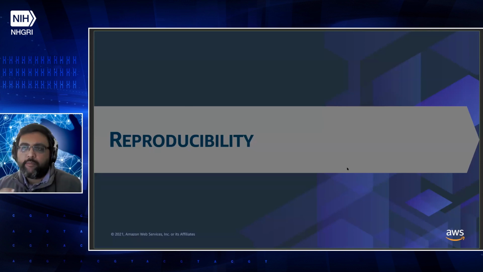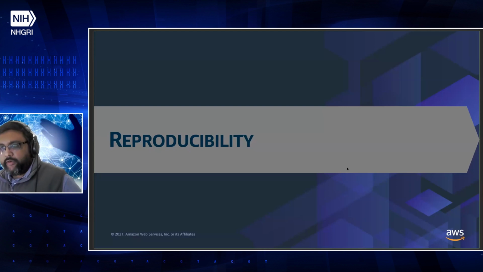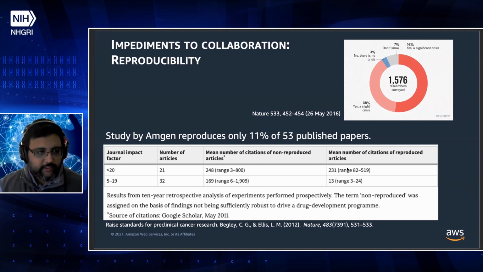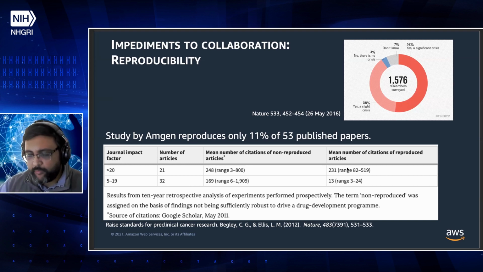A particular lab publishes a paper, they use a particular kind of software tool, a particular version of it with a certain number of parameters, and the other lab is just not able to replicate it. So this is where, I'm sorry, I did have a slide on it. This study by Amgen back in 2012, and then subsequently another study in 2016, talks about how very few of the published papers were actually reproducible.